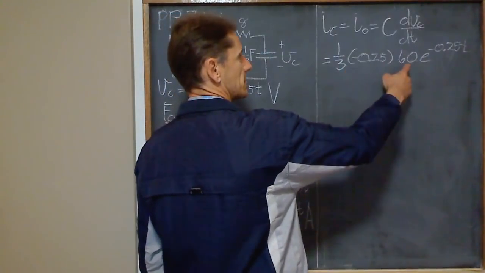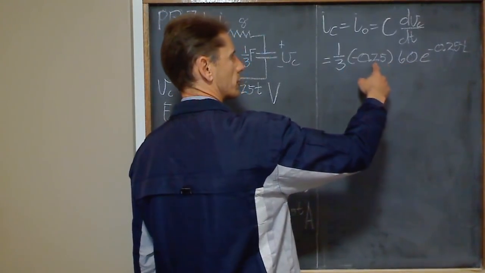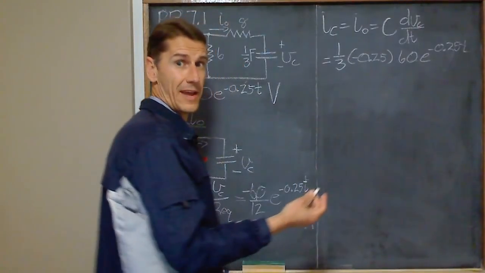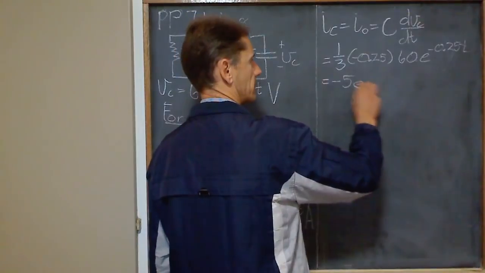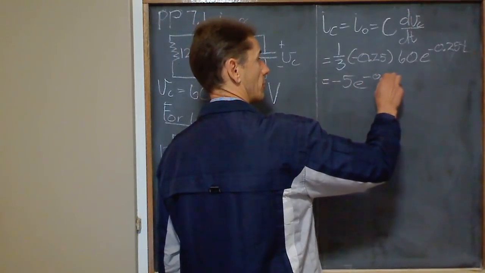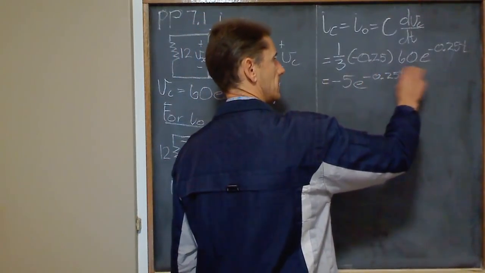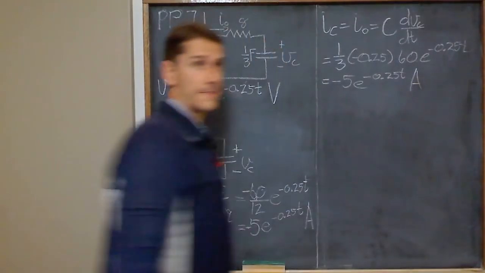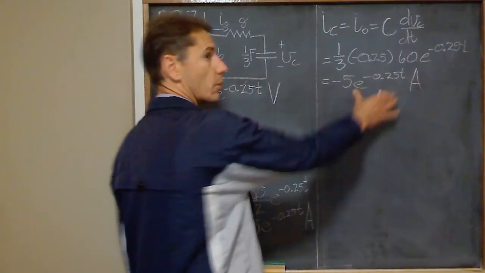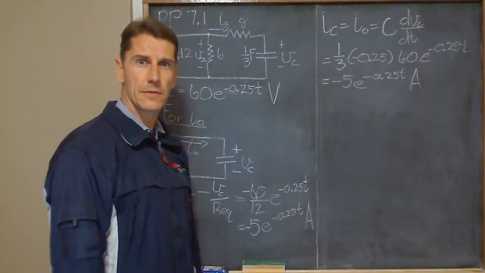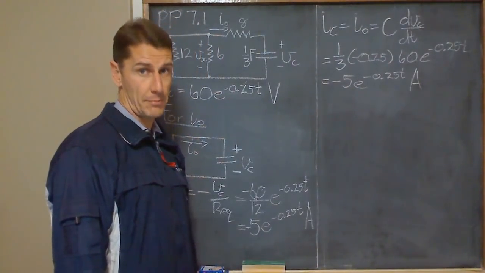So 1/3 of 60 is 20, and 1/4 of 20 is just 5 again, and there's the minus, so this also gives you minus 5 e to the minus 0.25 t, and don't forget the amps. Okay, now obviously once you've got this expression or that expression, you can calculate the voltage or current at any point in time.